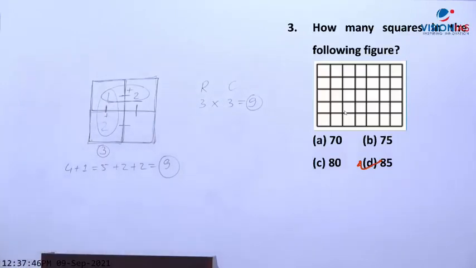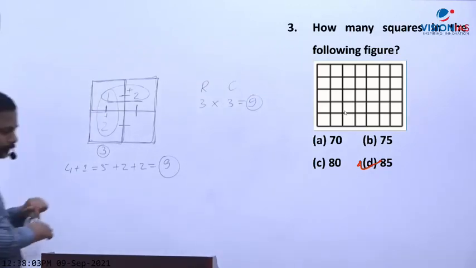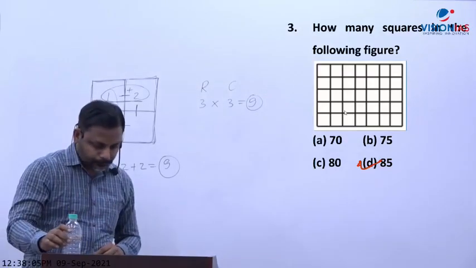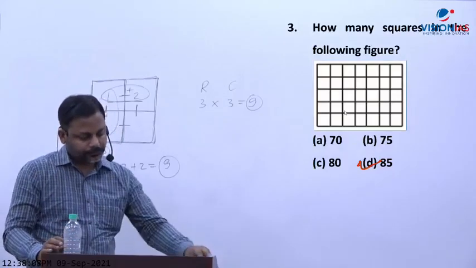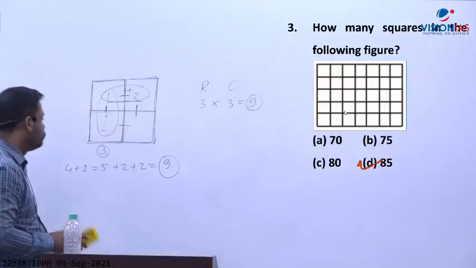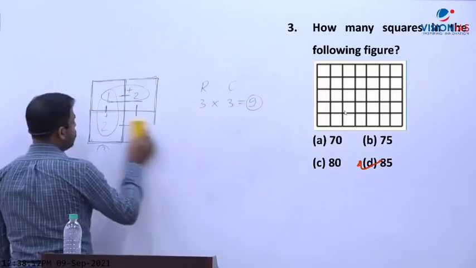So at first, put down the numbers from 1 onwards and then add them and further multiply the sum of the values of row with column. Understood?